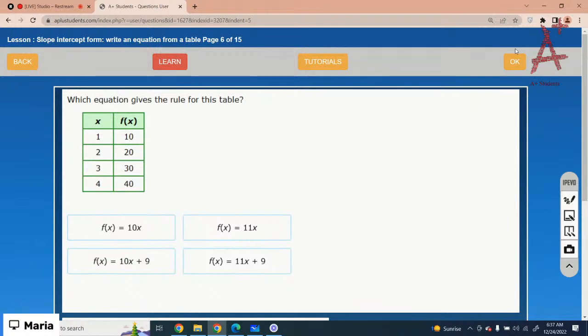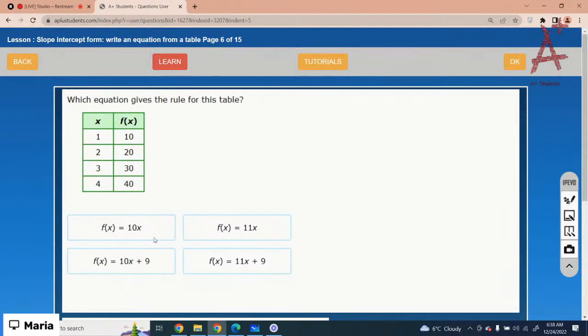Okay, which equation gives the rule for this table? Which is the correct option? Let me just guess.